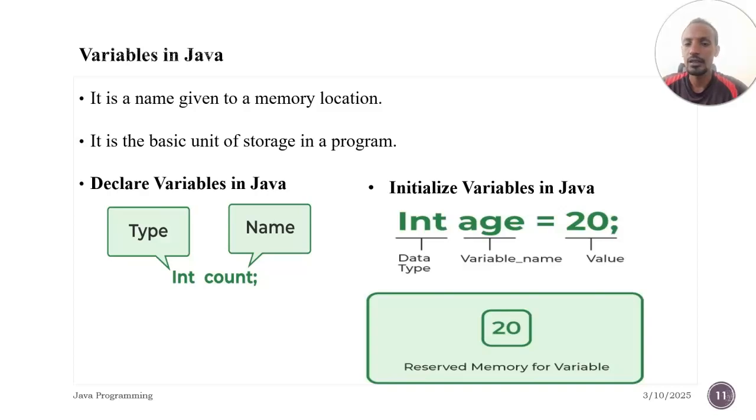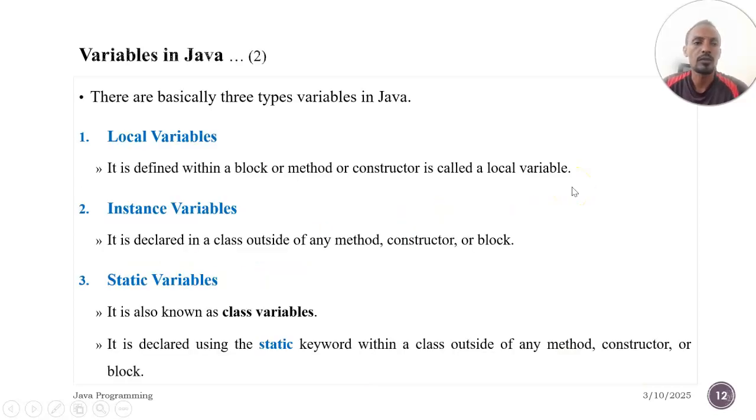Now int is the data type, age is the variable name, the assignment operator is given in the middle, then the value 20 is the value given for initializing the variable age. 20 is reserved in memory for the variable. This is the way you are going to initialize the values.